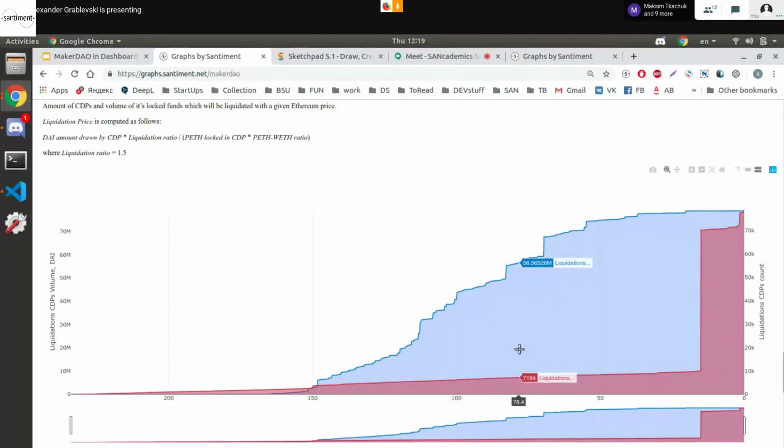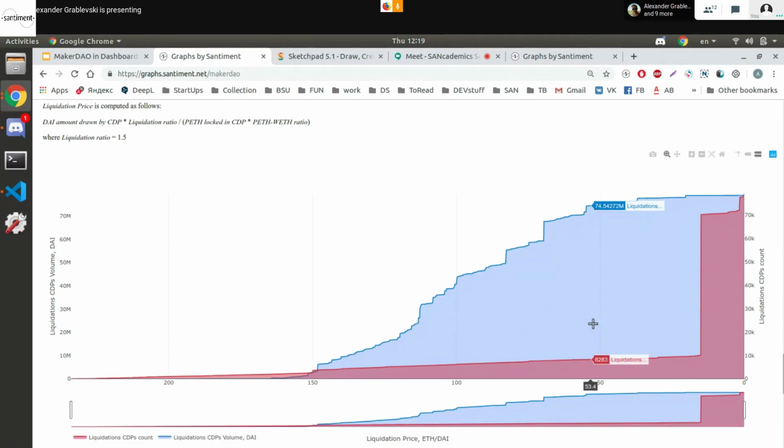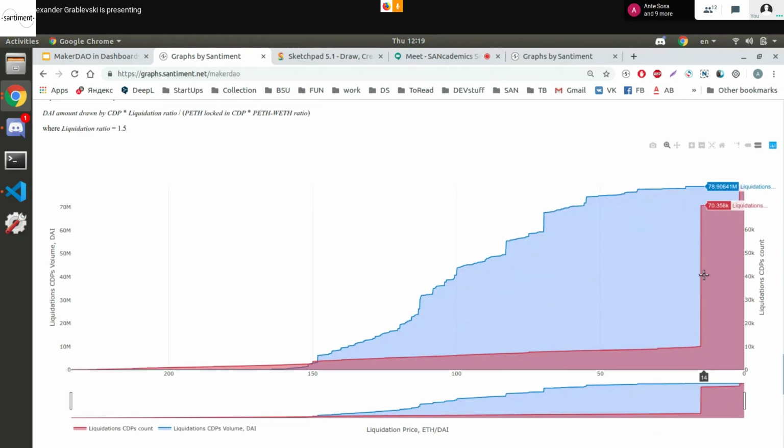So if the price of Ether is going down, more and more CDPs will be liquidated. And that's basically a needed parameter for the MakerDAO risk assessment team. So they can see if the system is protected enough, if there are sufficient funds locked in CDPs, and they can adjust their decisions on governance calls with this graph.